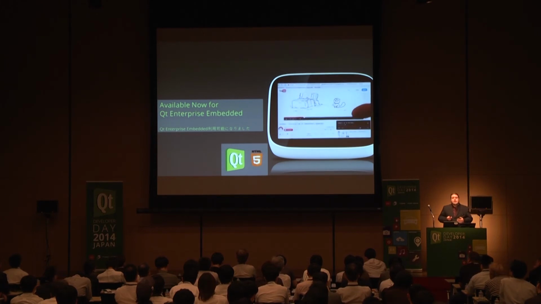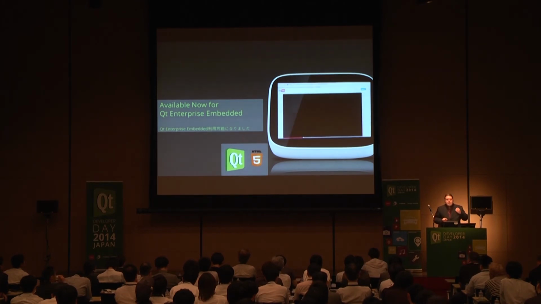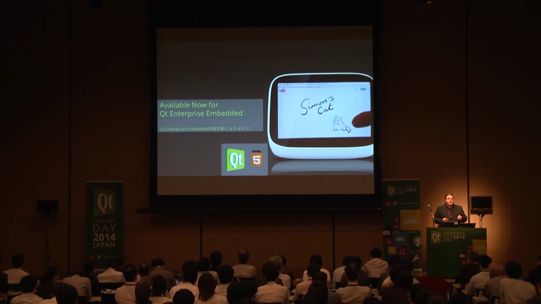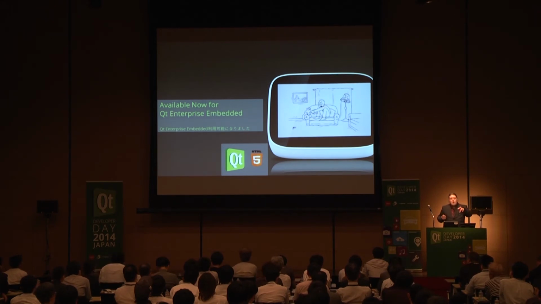So it's really designed at this point to run fluently on embedded devices. It provides a good feature set of HTML5 and it's optimized to run together with Qt Quick. So you can use HTML5 for dynamic contents, Qt Quick for native UIs, and then you can use OpenGL shaders on top of it to do all kinds of nice eye candy and extra flair.